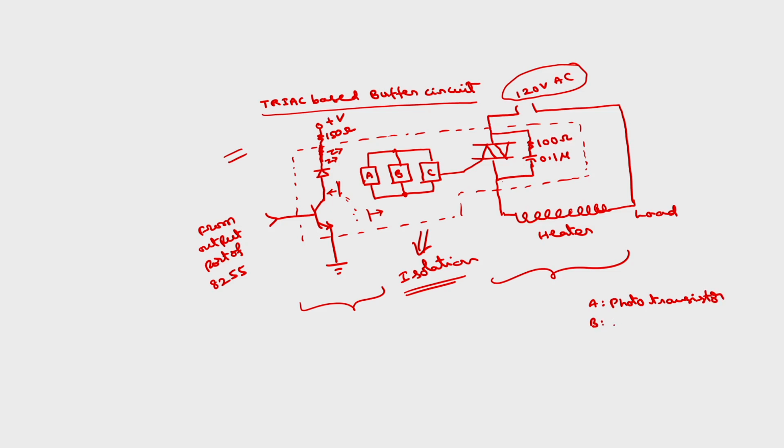B is a zero crossing detector. And C is the triggering circuit.